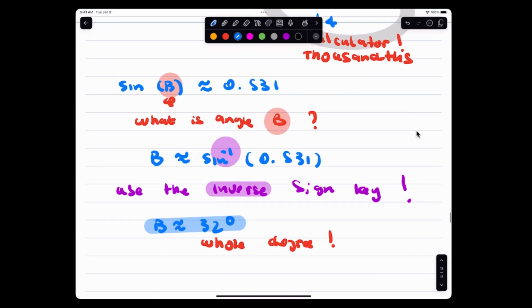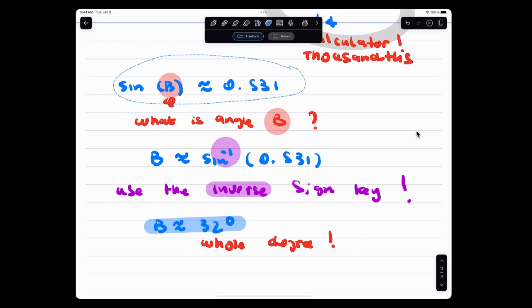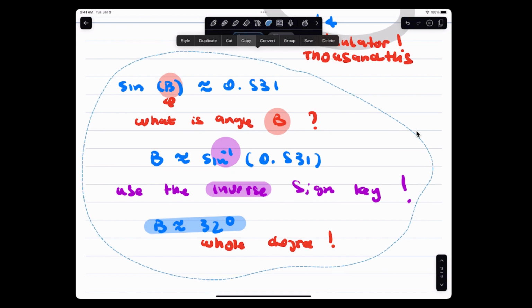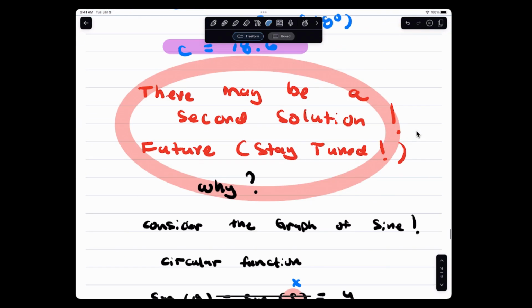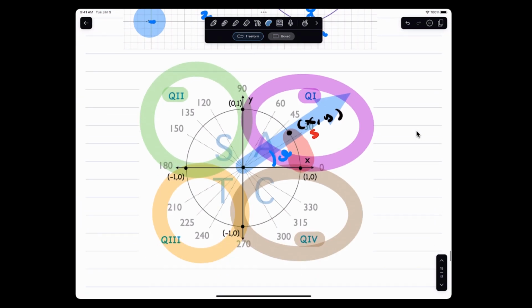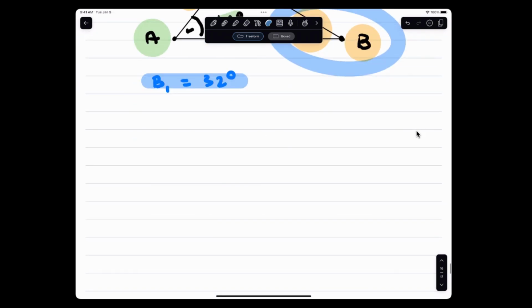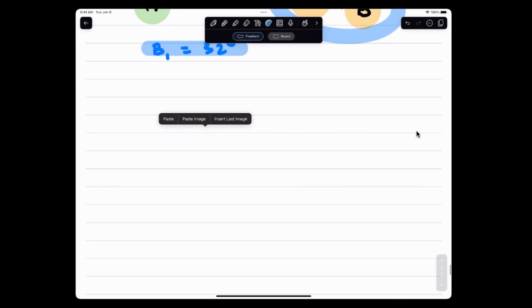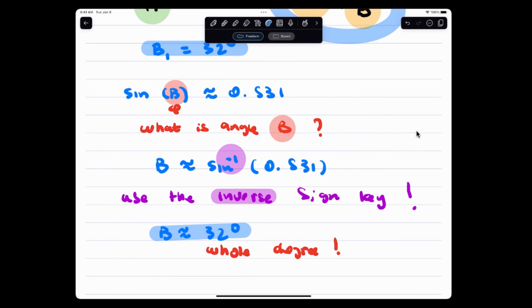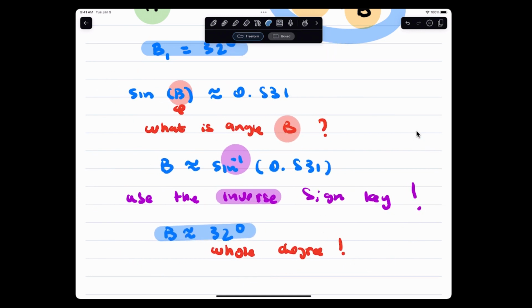Let's go back up here. This is the information that we did. Sine B is this value, and we found what B is. Okay, so let me go back and copy that too, and bring it down. So we're back to the story. Sine of B is 0.531.